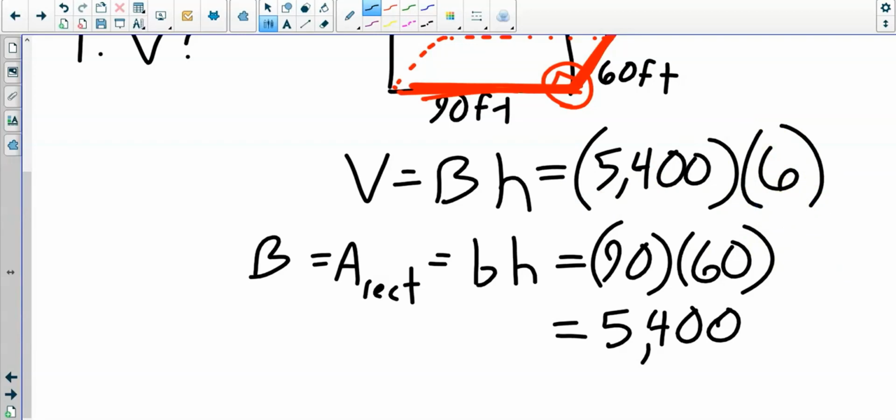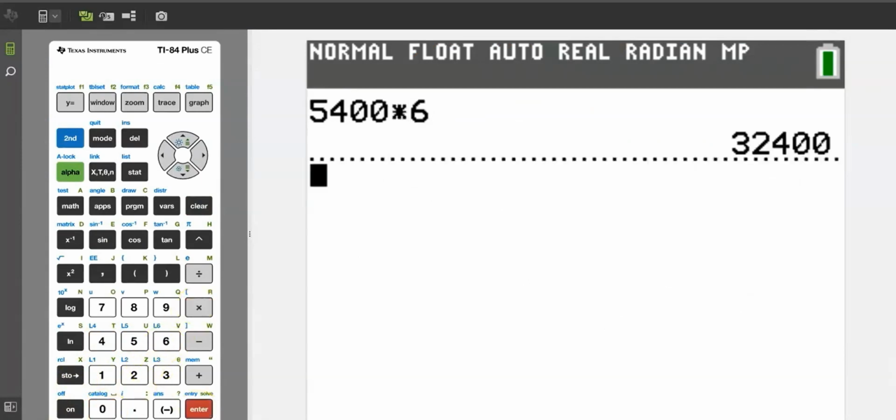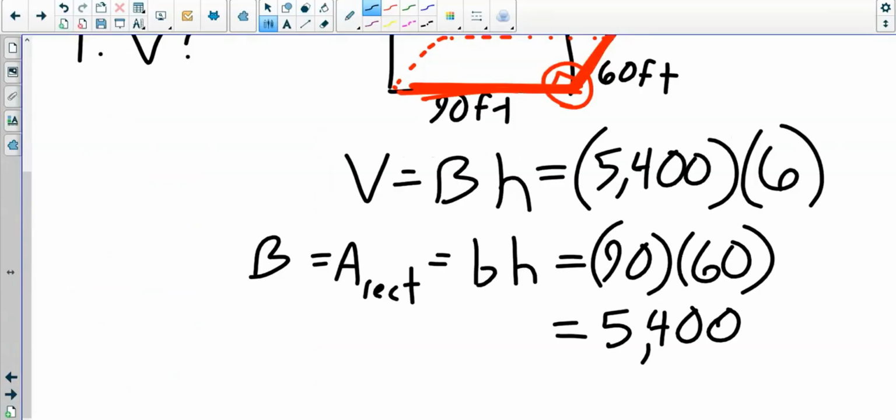Let's just finish this out. So 5,400 multiplied by 6. I'm going to have to go to my calculator to do that because I don't do that in my head. 5,400 times 6. There's the volume of my pool. 32,400, and I believe we are in feet cubed because volume is all about cubes.